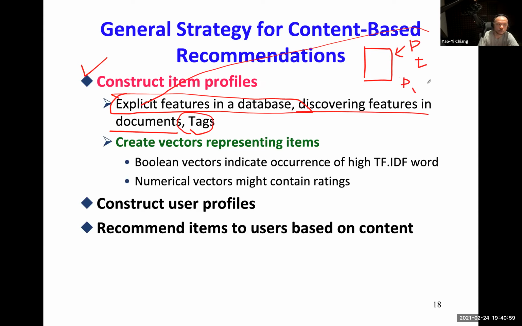Politics, theme, entertainment, sports, and so on. So these are explicit features. These are usually very difficult to get and very limited, and tags are one of them. But also, if you're given a document, we will be able to generate some features to describe this document based on its content. Then we can compare them, and we are going to cover that. It's called TF-IDF.